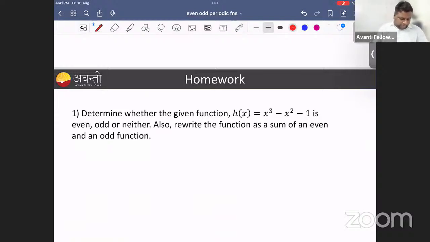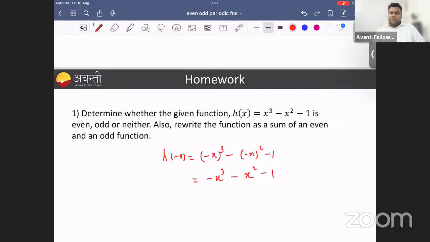Neither even nor odd, yes. h(-x) is what? -x cube minus x square minus 1. So it will become minus of x cube minus of x square minus 1. Finish. So neither even nor odd. You may realize x cube is odd, and x square is even. So one even, one odd. So their summation or difference will be neither even nor odd. Got it?